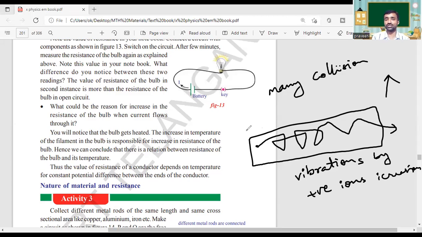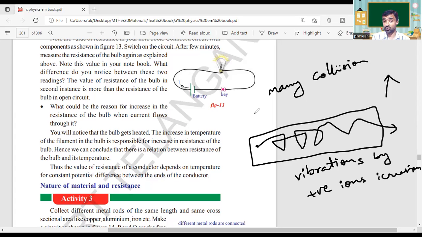What is resistance? Simply, we define resistance as obstructing nature. What does it obstruct? The motion of the charges. The motion of the charges is controlled by the lattice particles due to vibrations or collisions.